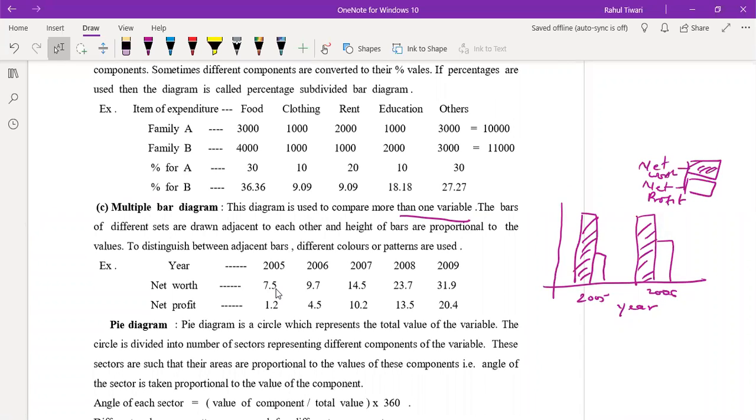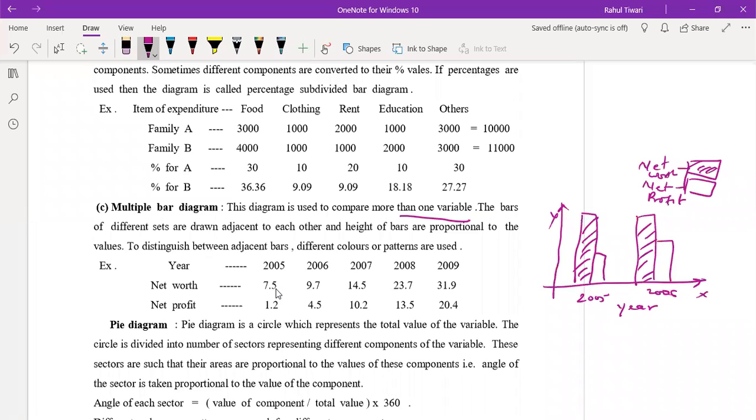I can say profit or production, whatever you call. So on the x-axis and y-axis, we need to write everything down clearly. So this is regarding the multiple bar diagram. When you talk about more than one variable, we always go with the multiple bar diagram.